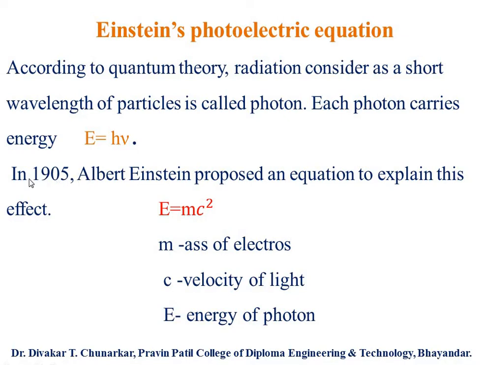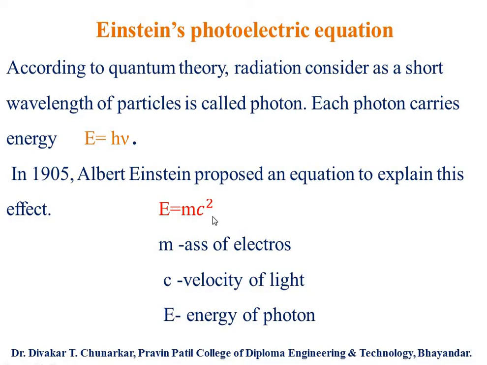Again, in 1905, the equation to explain this effect, E equal to mc square, E equal to h nu according to Planck hypothesis, was modified by Einstein.